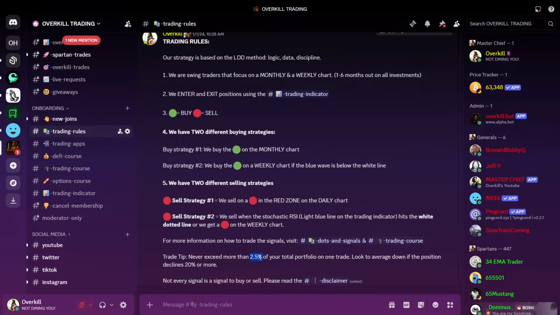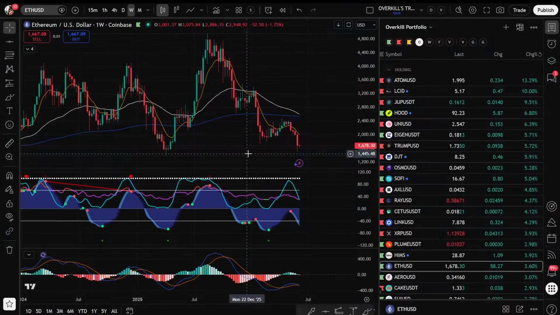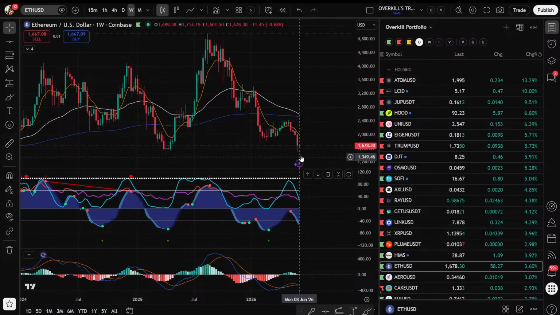If you have a $10,000 portfolio and you put in $250, I'm sorry, 2.5% would be $250. You would lose like $100 if it went down 50%, right? So you can't get killed.